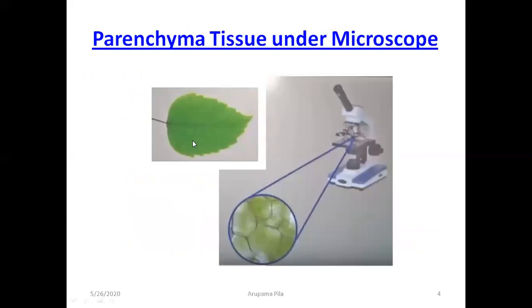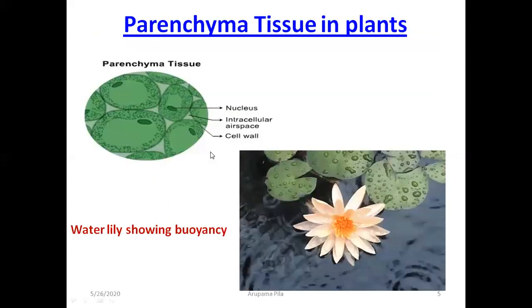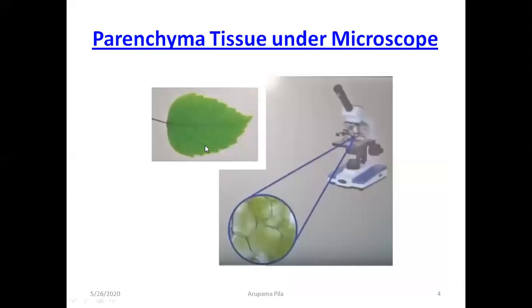For example, we have a leaf, and we are taking a small portion of this leaf and seeing it under the microscope. This is its structure.